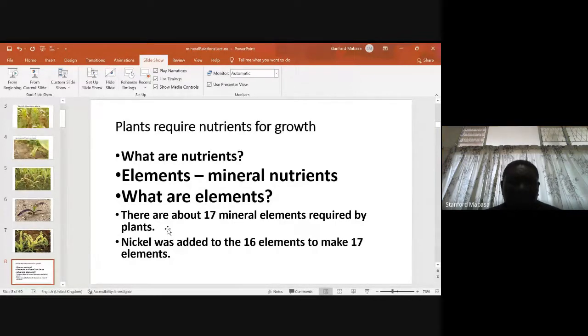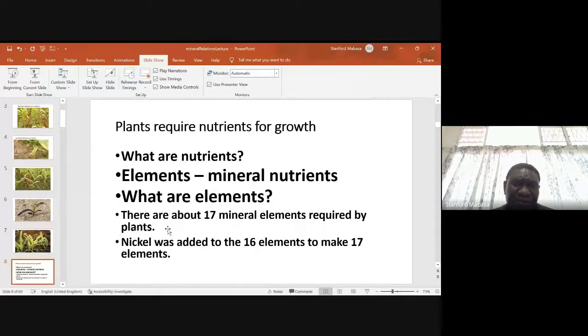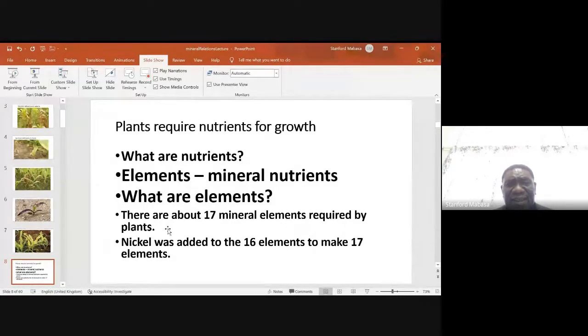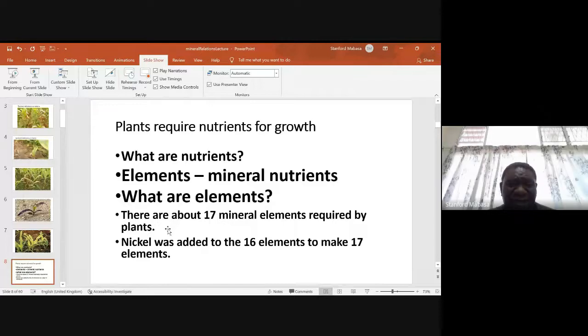So plants require nutrients for growth. Probably the next question is, what are nutrients? A simple answer could be elements, which are actually mineral nutrients. And the second question could be, what are the elements which are required by these plants?